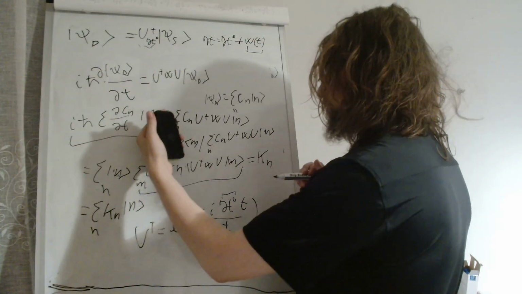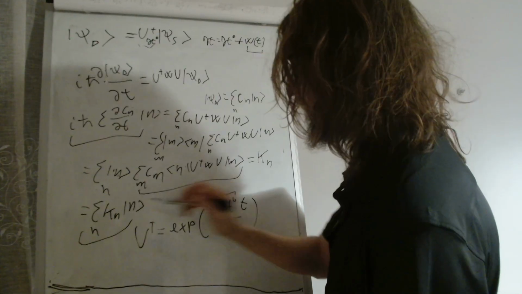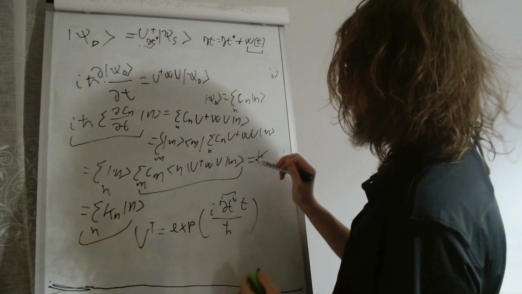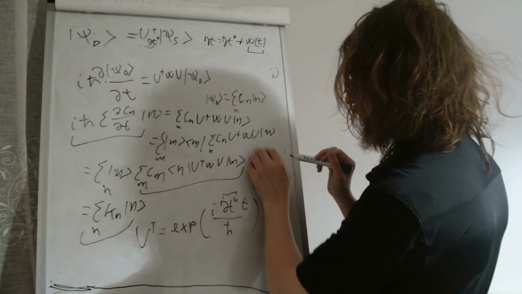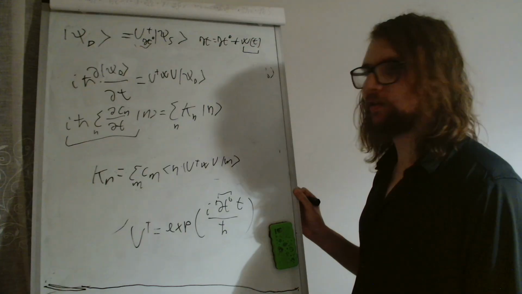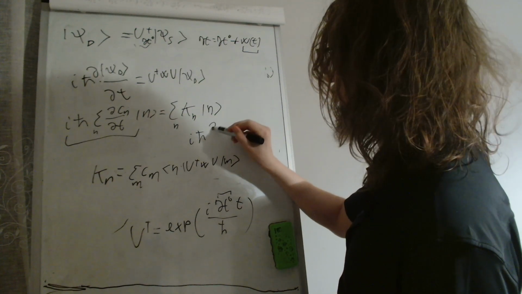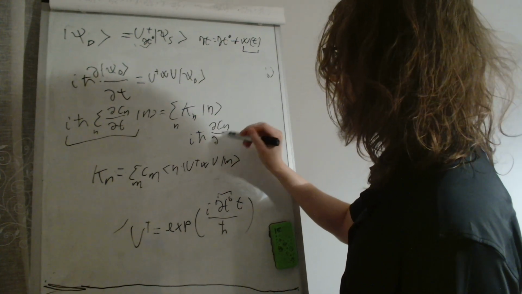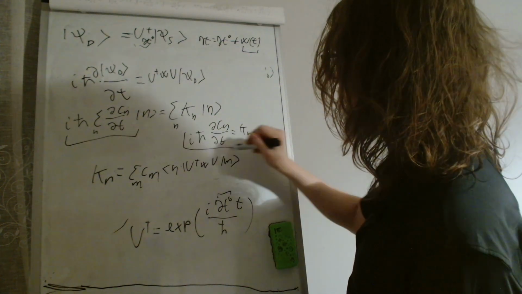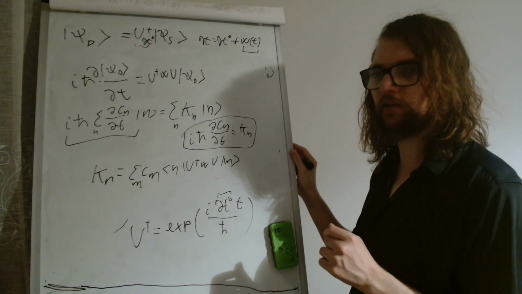So we have an expansion in terms of |n> in the left hand side and also in the right hand side, with Kn being equal to only this part here. So term by term I must have i h bar derivative of Cn equal to Kn.